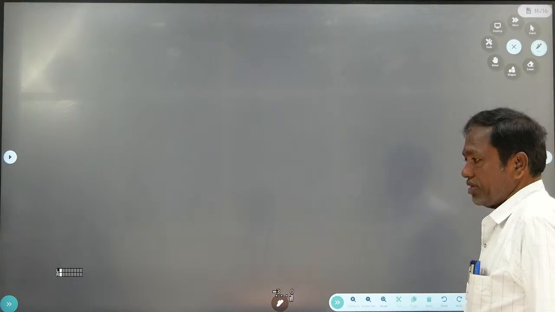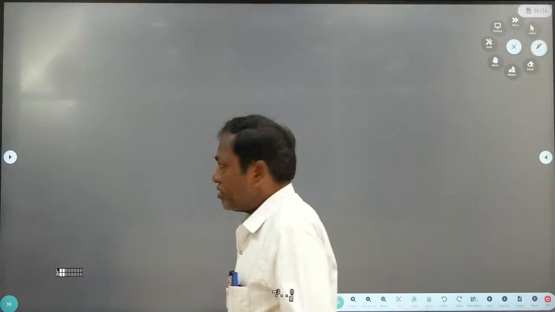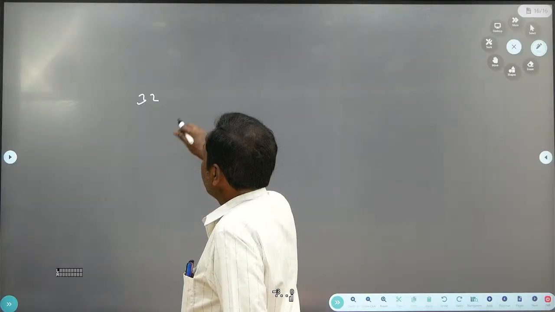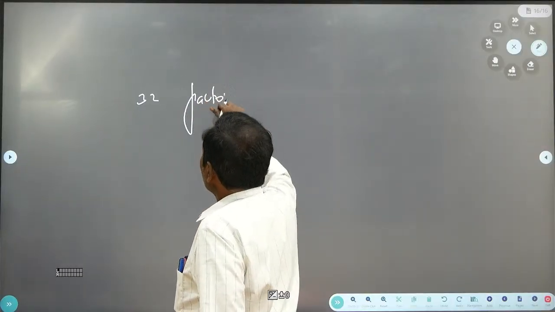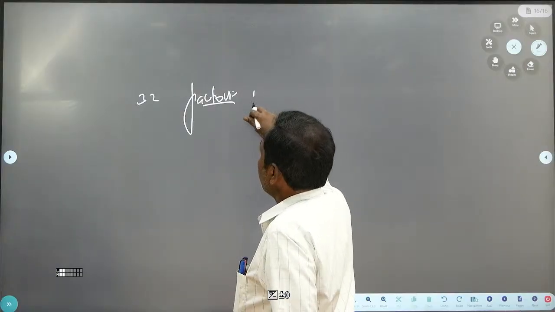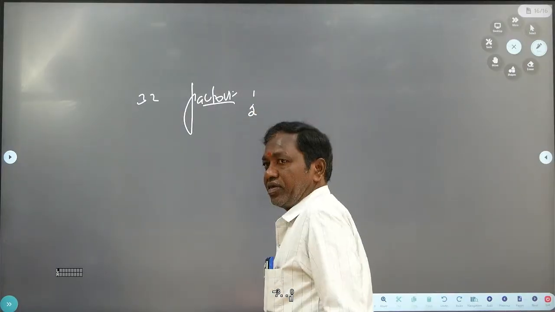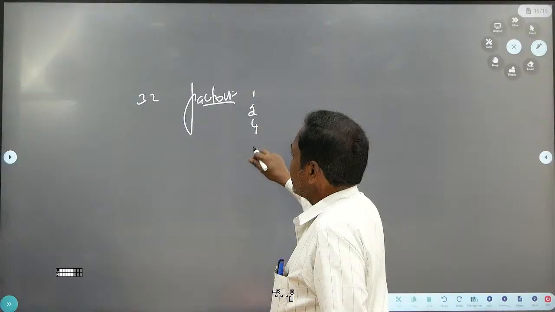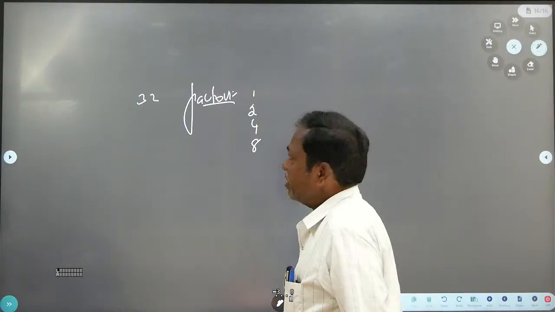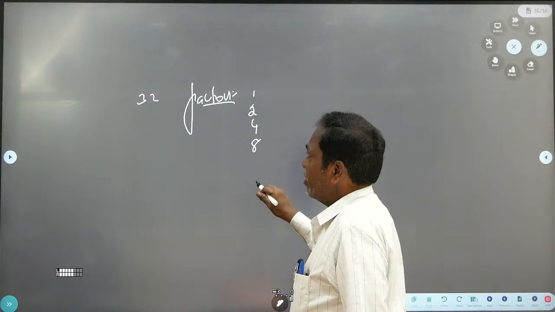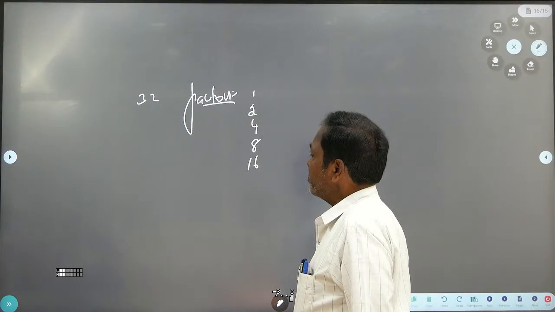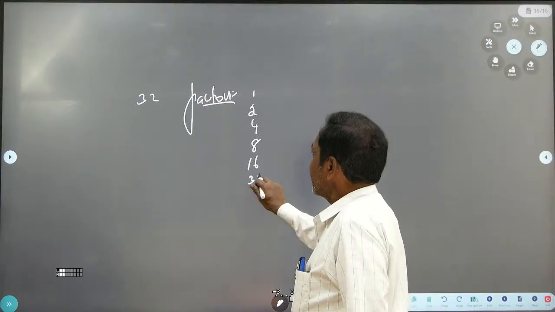And next, finding the factors. Now we can take 32. What are the factors for 32? 1 is a factor, 2 is even, 3 is not, 4 we can take, 5 no, and so on up to 16, and then again you will have 32 only.